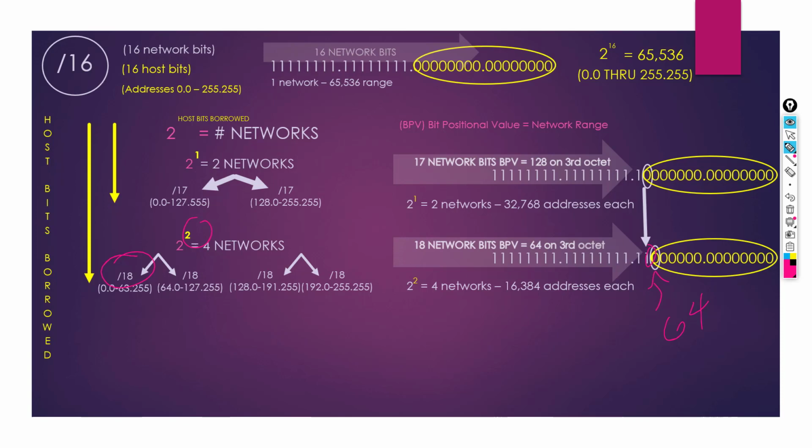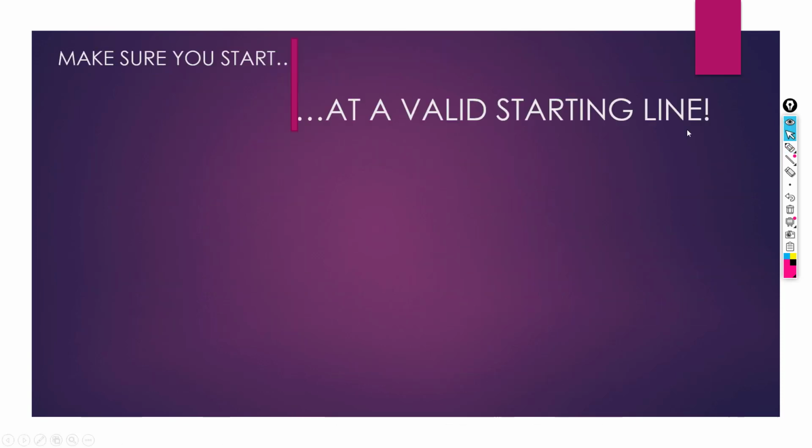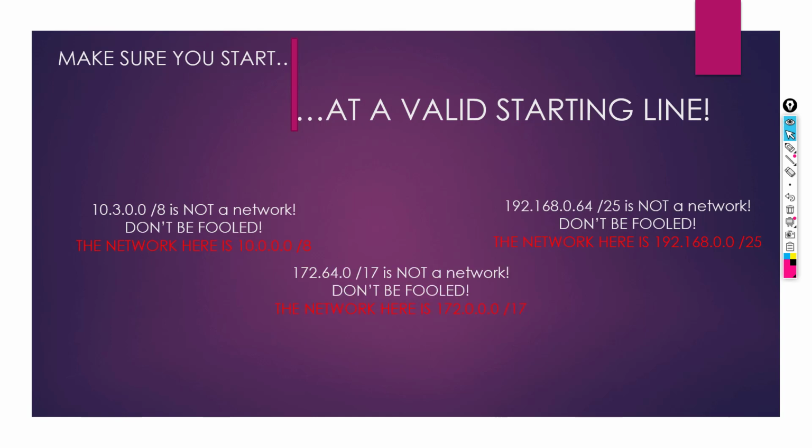And again, it's on the 3rd octet, so you'll see the range of 64 on each one of these as we move along. But you must make sure you've started at a valid starting line. So make sure that you understand that some of these network addresses that you'll be given are not actually the start.